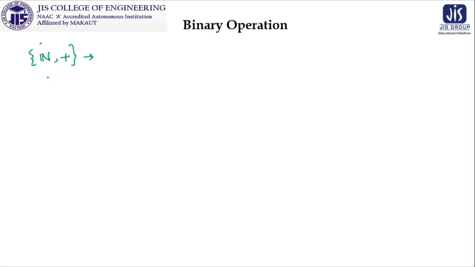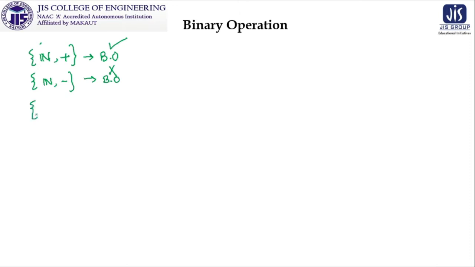If you add them, 1 and 2, 2 and 3, 33 and 39, all are giving you another natural number, so it is a binary operation. But we have already made it clear that if you take subtraction, in the context of binary operation, it is not. Why not? Because the example is already stated.